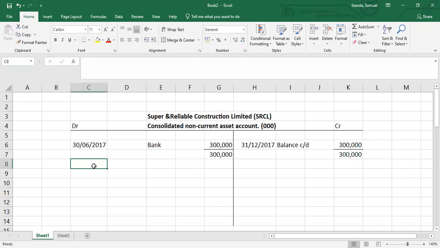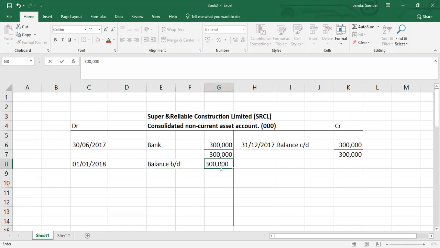It also helps you to follow through these years to know which year you're dealing with. So this is 1st January 2018, to have a balance brought down of 300,000.